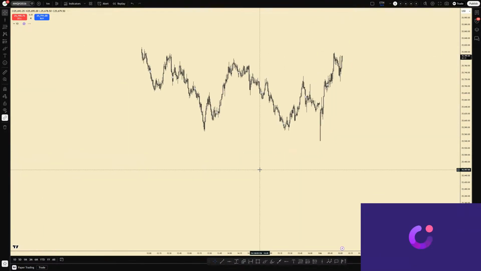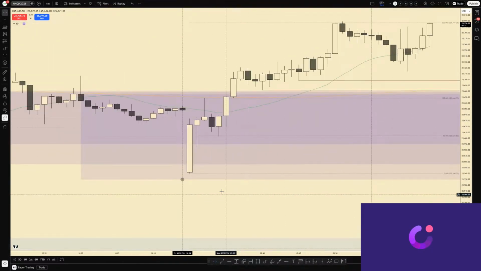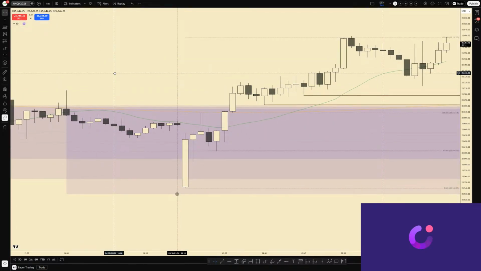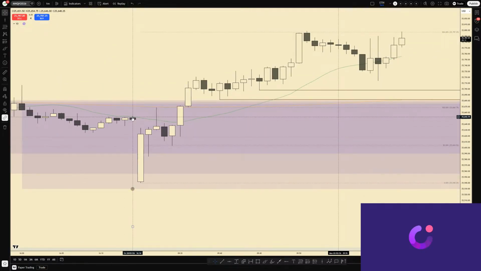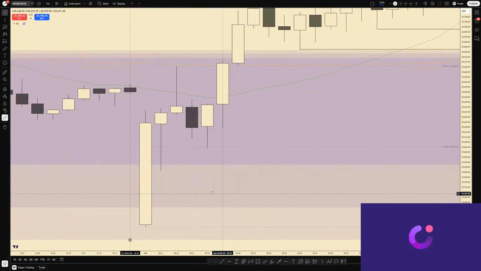Let's check this on regular trade hours. Yeah, this is the current one. This is the opening gap, weekly opening gap, but on the regular trading hours chart. And most of the time price respects these levels too.